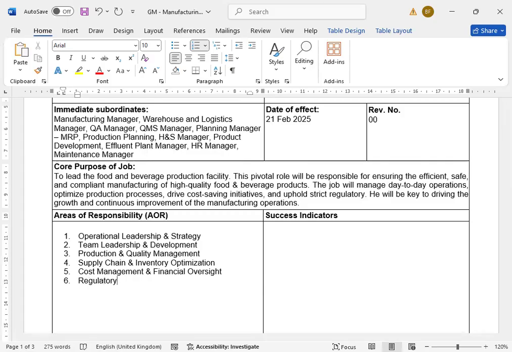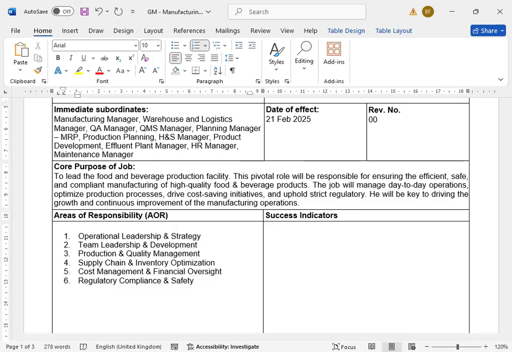The manufacturing will not sustain its operation if there is always non-compliance to regulation, especially the HACCP, the SQF, the ISO, you know, especially the FDA. Very important is the FDA. The company should be in compliance with the FDA. Otherwise, the company will be in big trouble and not be able to sustain the business. All right. So there are six important roles for the company.